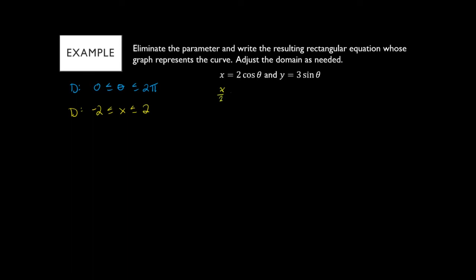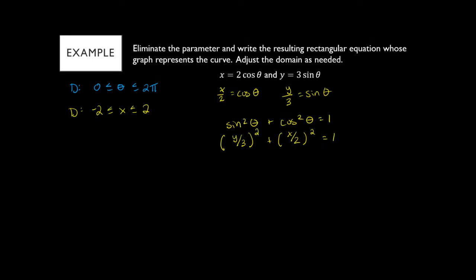We have x over 2 equals cosine theta, and y over 3 equals sine theta. Then we use sine squared theta plus cosine squared theta equals 1. So for sine squared we plug in y over 3 squared, and cosine is x over 2, so we plug that in squared, equals 1.